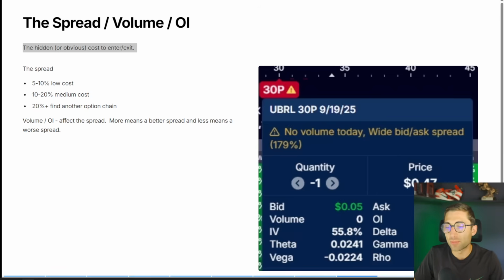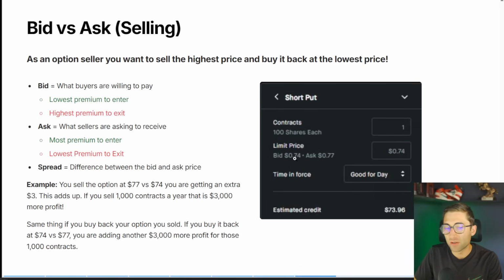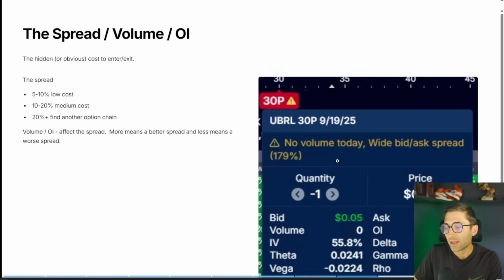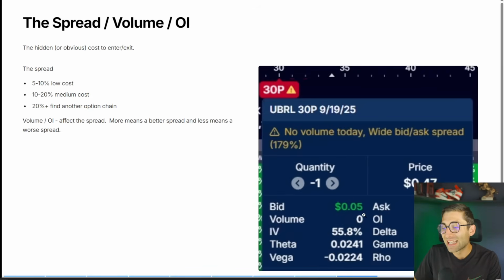So for the previous example, if the bid ask spread here is $3, 74 and 77, you're typically going to pay a hidden fee of $1. Let's say it's $1 every entry and exit. This bid ask spread is $85, and you're paying a portion of $85, which is like $20, let's say, or 15.